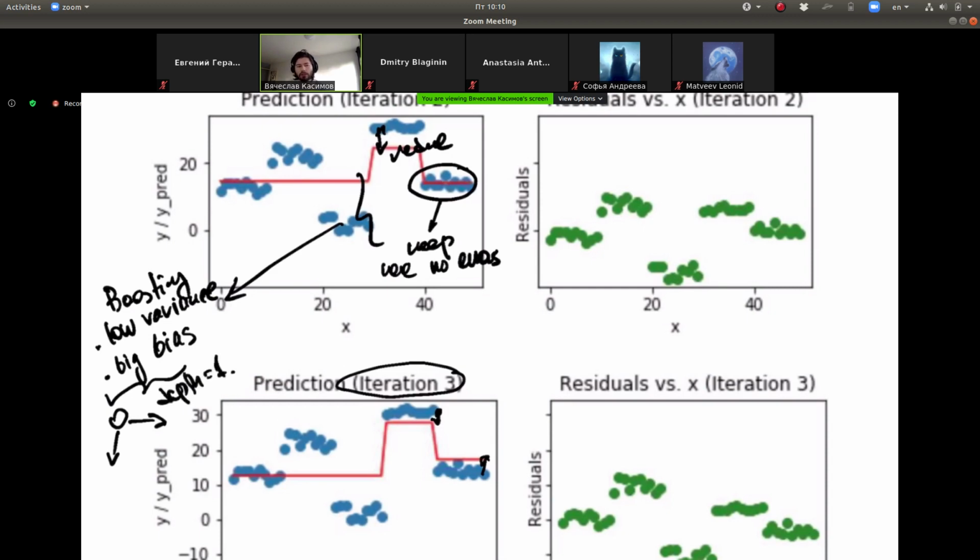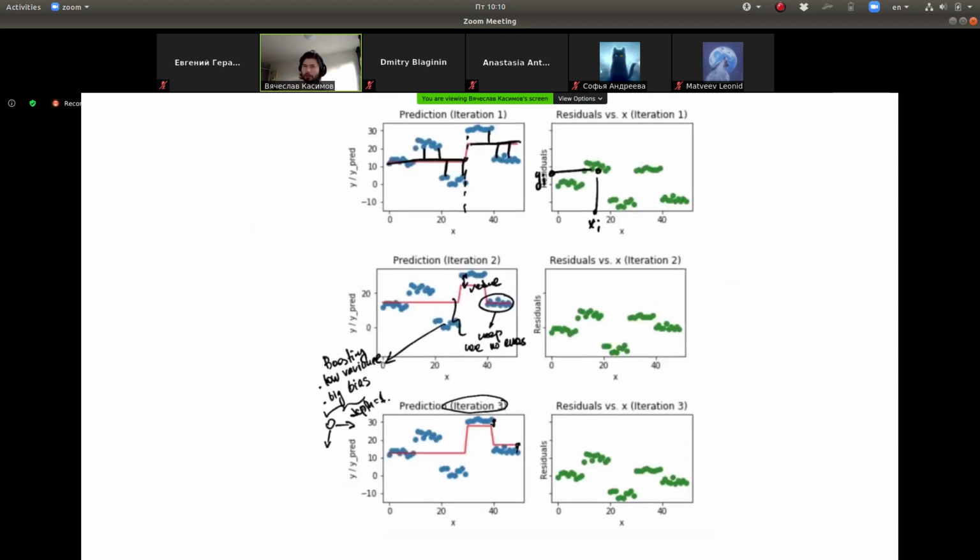This limitation limits the expressiveness of our algorithm on each new step. So it does not reduce all errors to 0. It will reduce some errors but introduce a bit of new ones, and this helps our algorithm not to overfit completely.